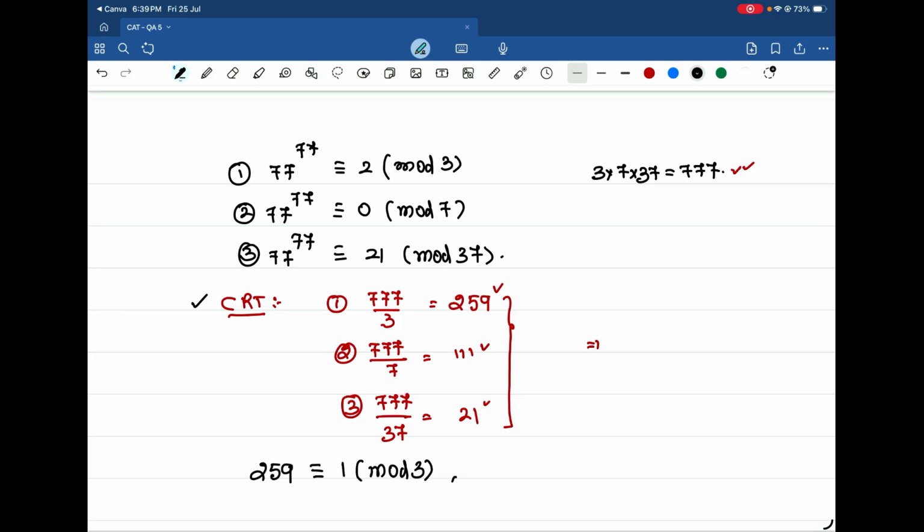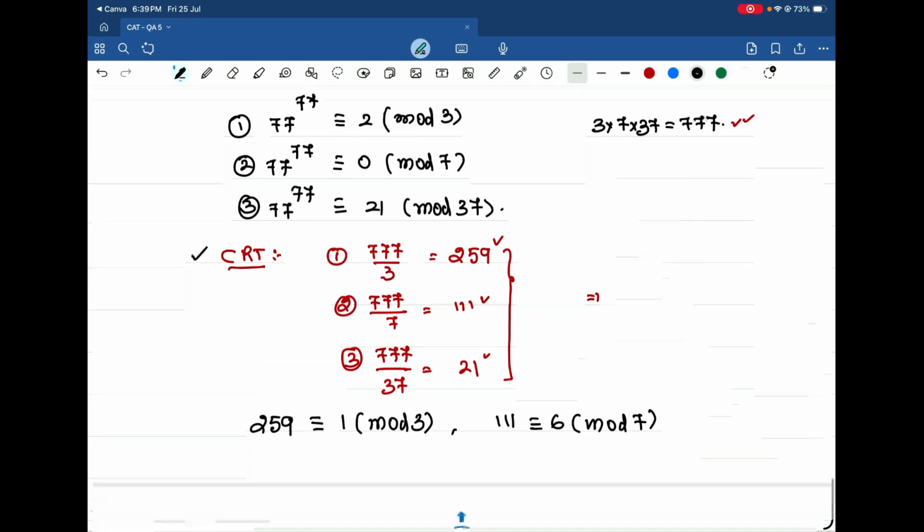When 111 is divided by 7, what will be the remainder? 6 will be the remainder, 6 mod 7. Just see, 7 1s are 7, 7 5s are 35, 105, and 6 is the remainder.